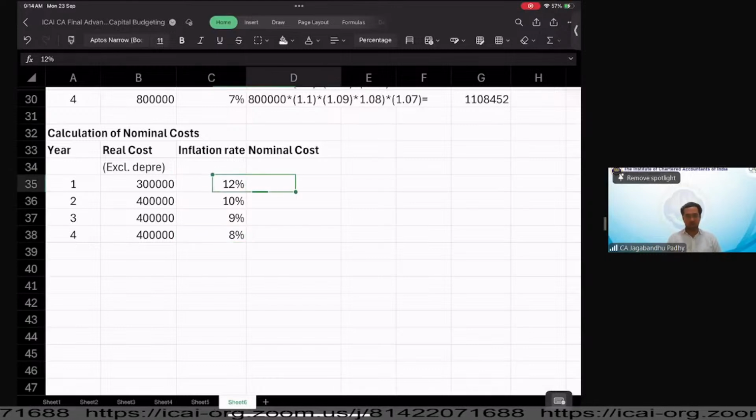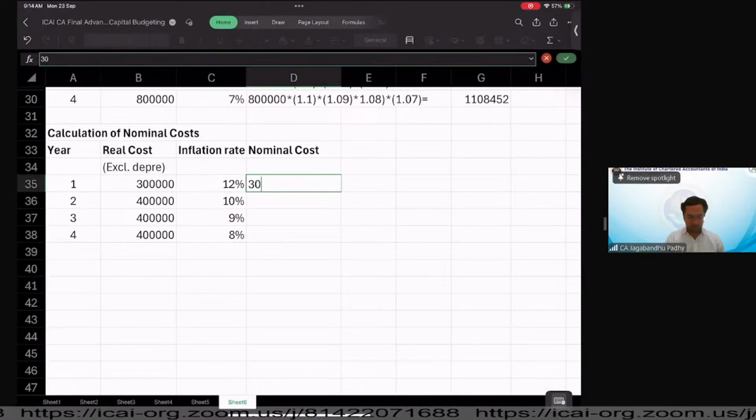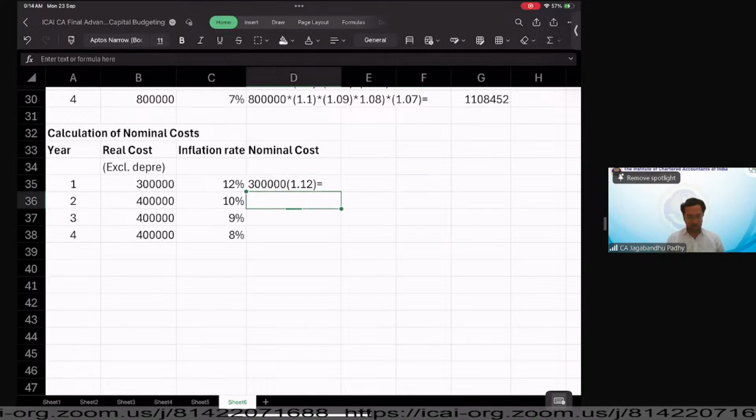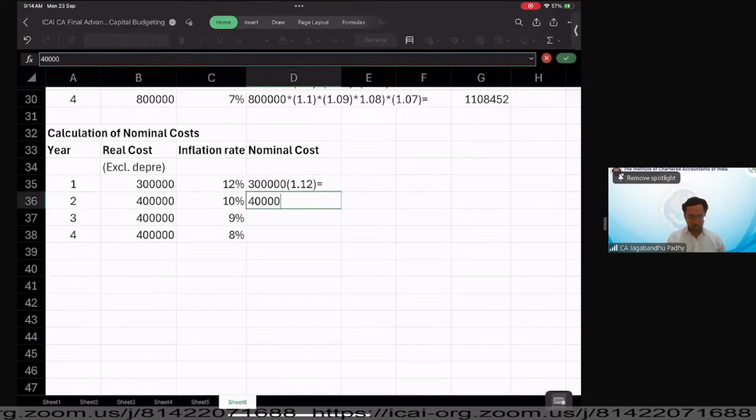The nominal cost after adjusting for inflation will be 3 lakh into 1.12, right? And then the next will be 4 lakh into 1.12, further multiplied by 1.1.